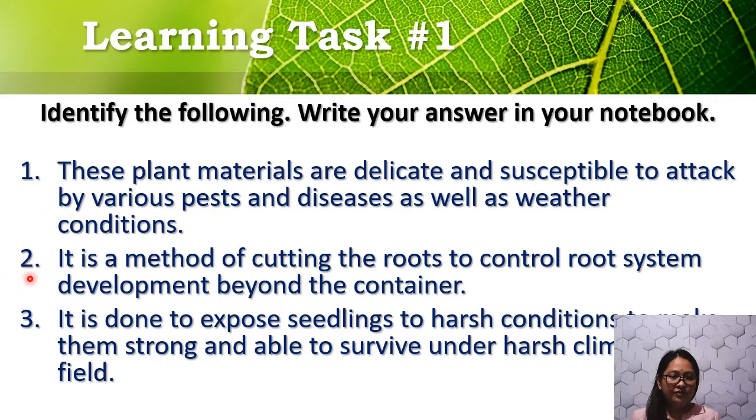Number 2. It is a method of cutting the roots to control root system development beyond the container. Number 3. It is done to expose seedlings to harsh conditions to make them strong and able to survive under harsh climate in the field.